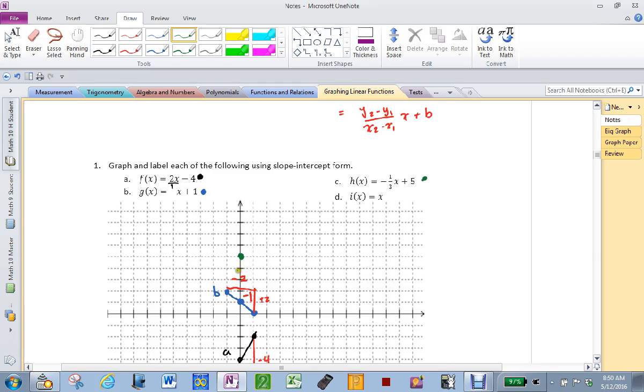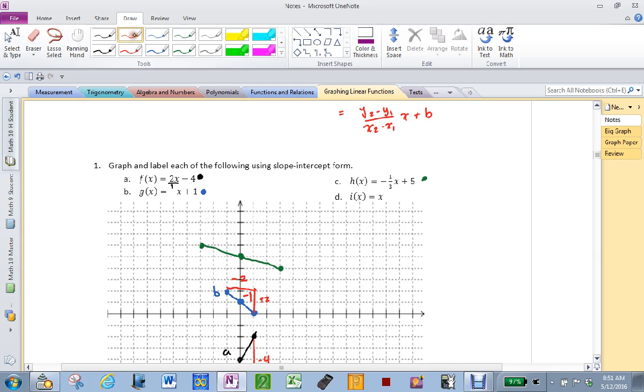I want to go left. Alon, where do we need to go? Why? Because I need a positive and a negative. Go 1, 2, 3. Up 1 and left 3.